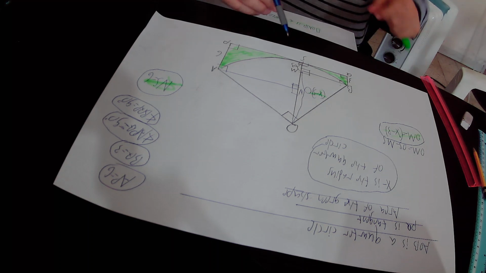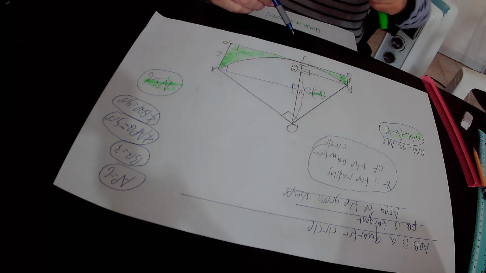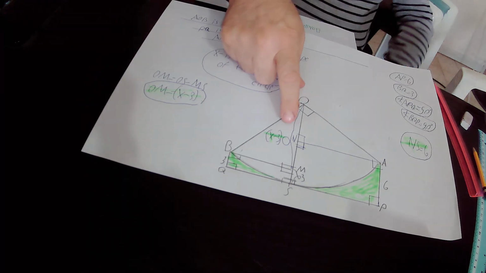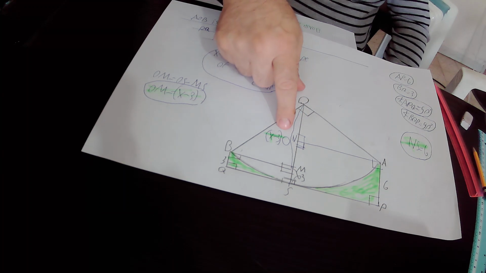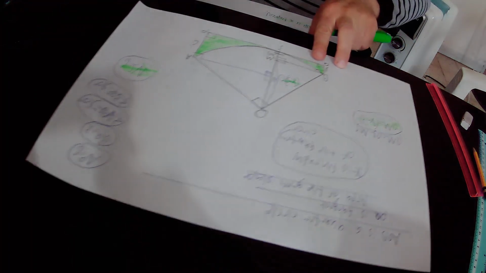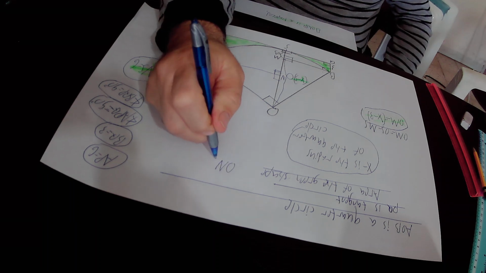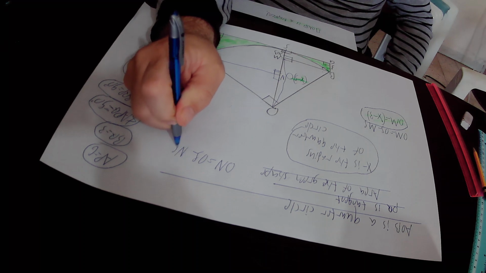So what is the length of line segment ON? ON equals OS minus NS.